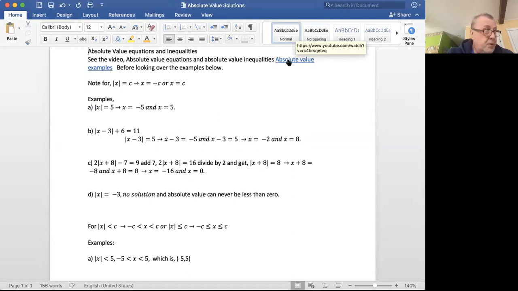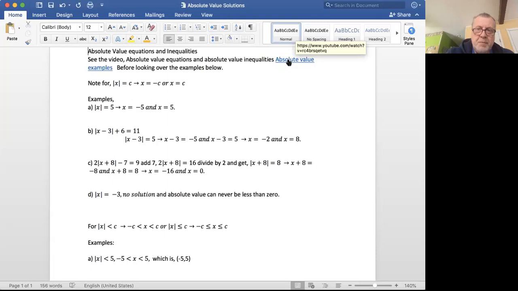First off, we note the absolute value of any number has to be positive. Absolute values are never negative. It could be zero as well, so technically it could be zero or positive. The absolute value is equal to negative that number or positive that number.